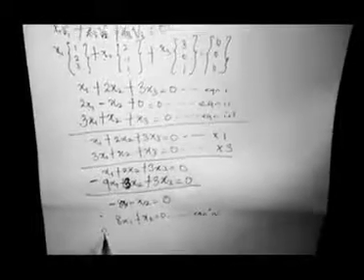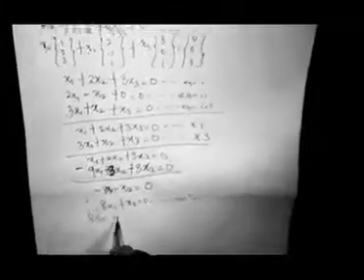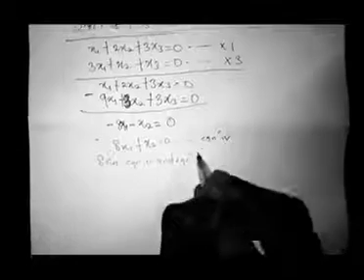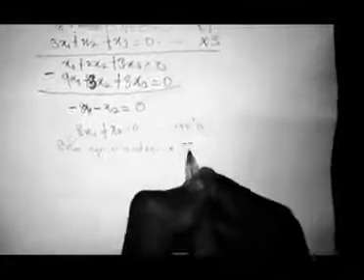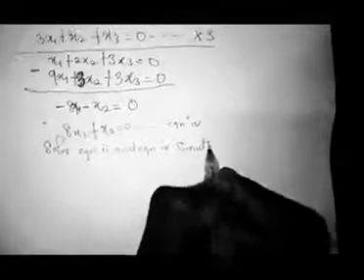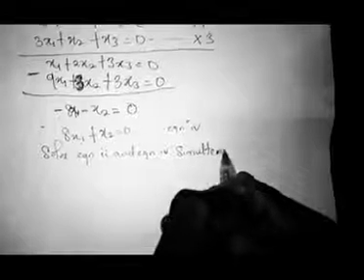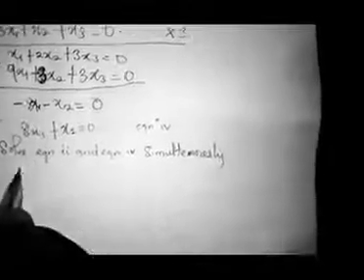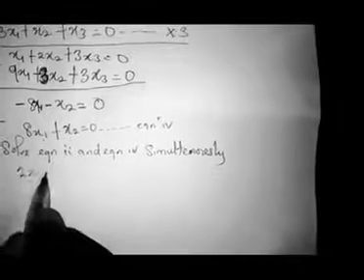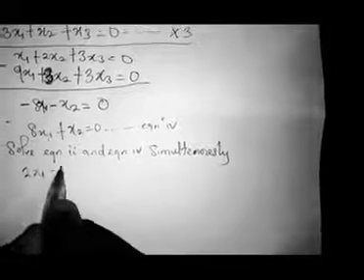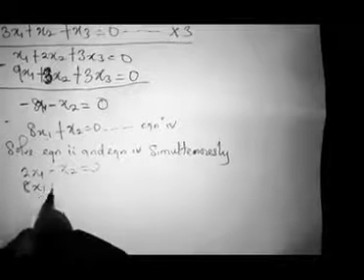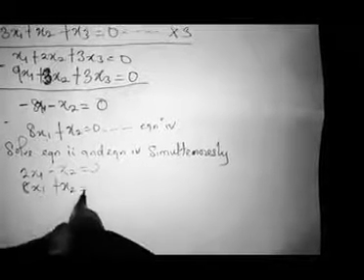So you now say solve equation 2 and equation 4 simultaneously. Solving that simultaneously, I will have 2x1 minus x2 equals 0, and 8x1 plus x2 equals 0.